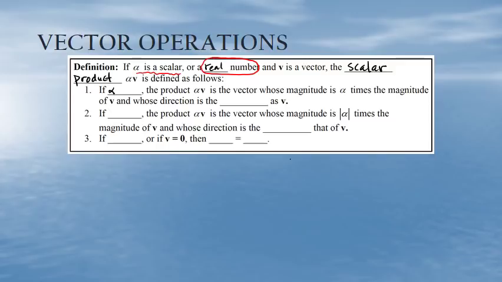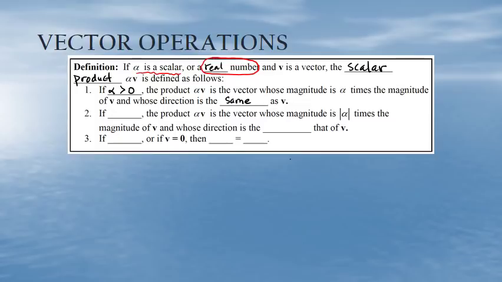If the scalar is greater than 0, then the product of alpha and v is the vector whose magnitude is alpha times the magnitude of v and whose direction is the same as the original vector. In other words, by multiplying some vector by a real number, let's say 2, my new vector is going to be in the same direction, but just twice as long.